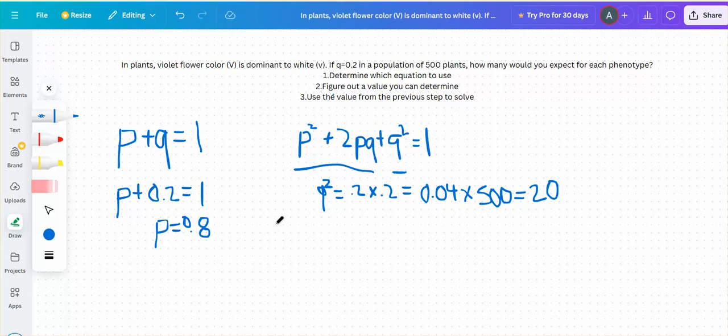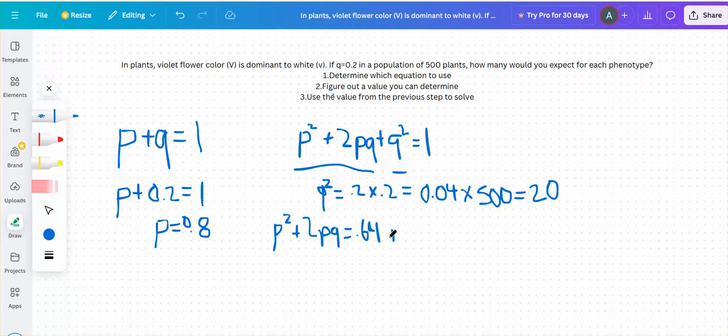If we want to solve for the number of individuals with violet flowers, we're going to take P squared plus 2PQ, and we're going to multiply that by 500. So P squared is going to be 0.64. So that's 0.8 times 0.8. And 2PQ is going to be 0.16 times 2.